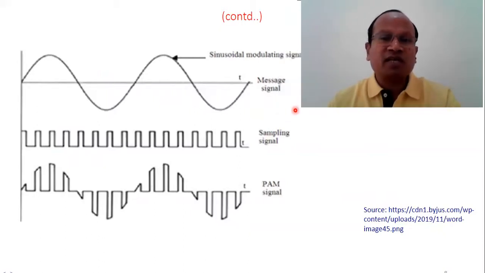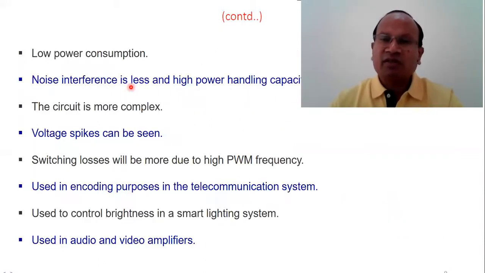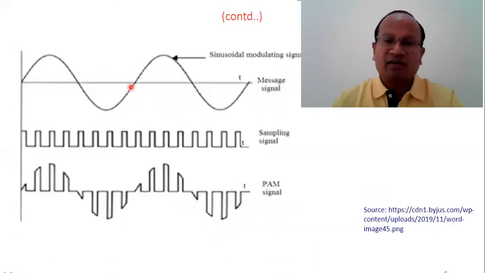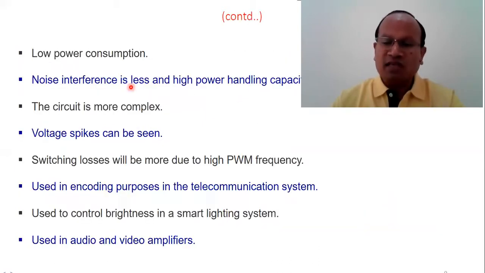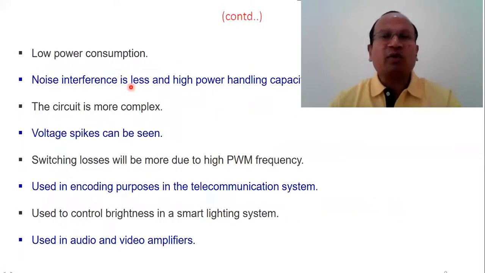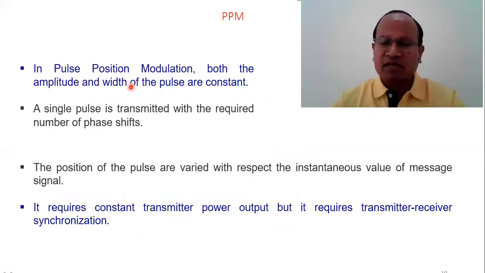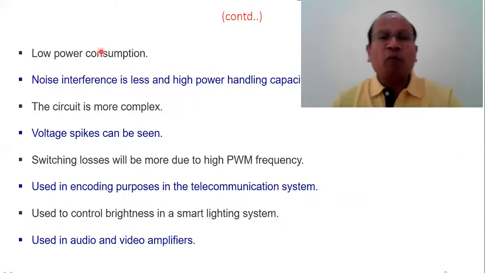This is what we have seen as the PAM output. We are discussing PTM, so when we discuss PPM and PWM separately, we will discuss their waveforms as well. So low power consumption is the property.